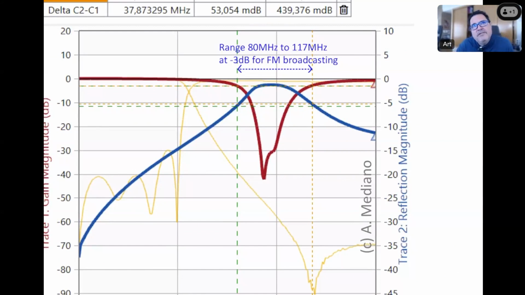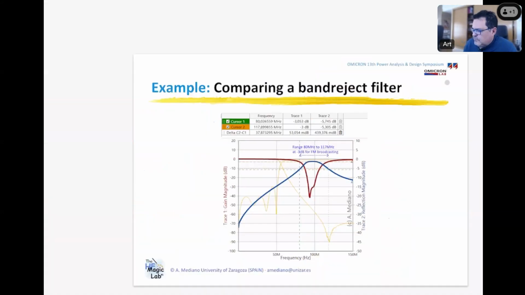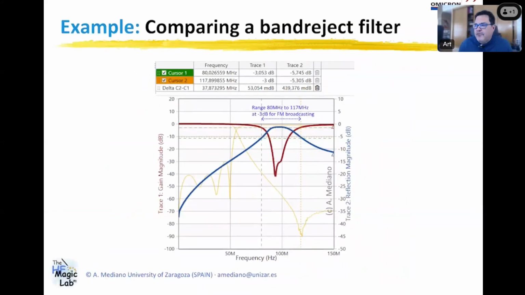Look at this: in the red line you have S21, in blue you have S11. You can see that this filter is removing the energy between 88 and 108 megahertz, the FM broadcasting band, because in this frequency range all the energy is being reflected in port number 1. So this is when we work with 50 ohm filters.